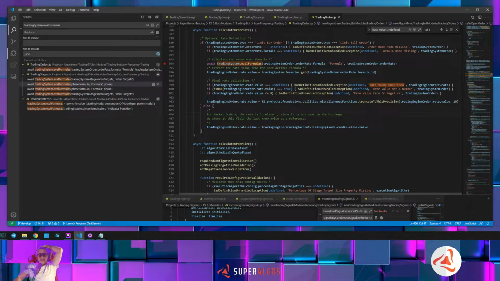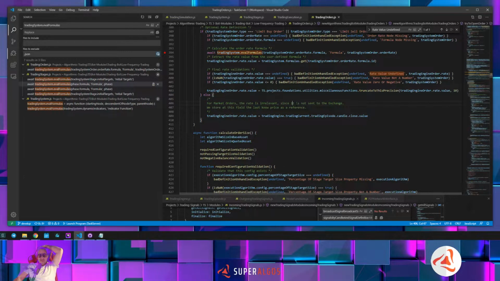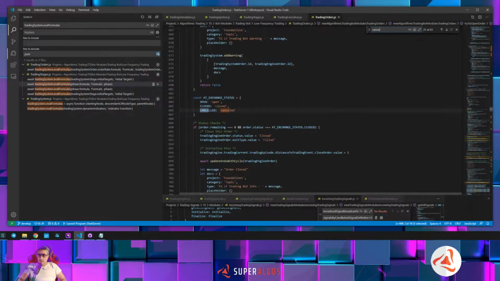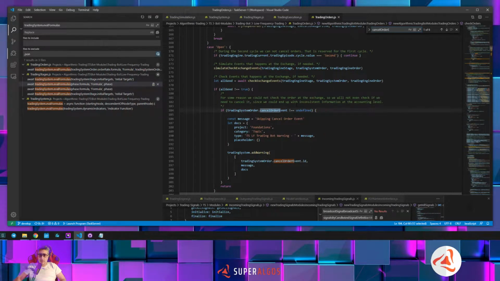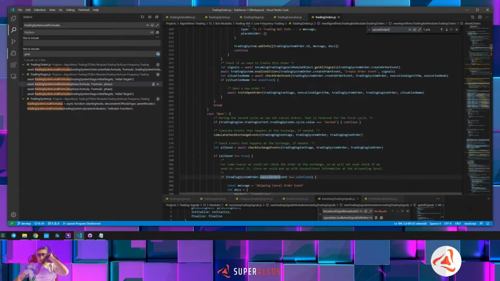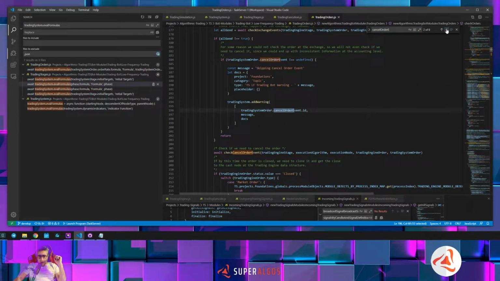So the cancel order event was not triggered. We should try to figure out what was going on. Check cancel order event. There is a function for that.